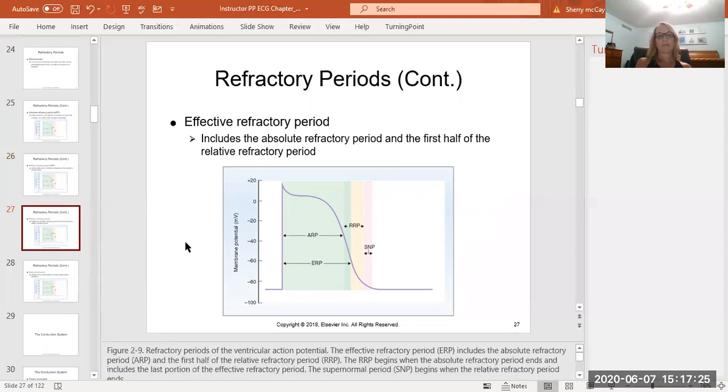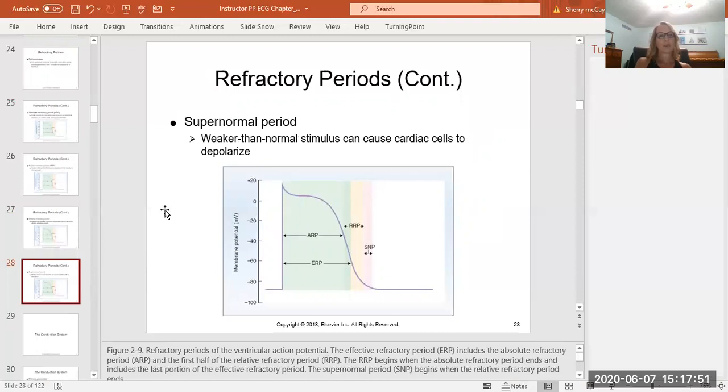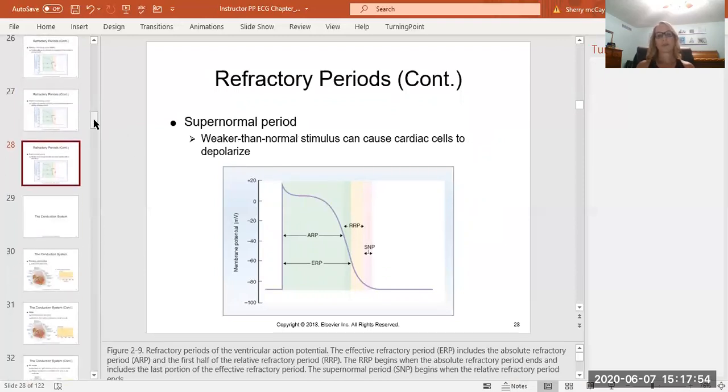The effective refractory period includes the absolute refractory period and the first half of the relative refractory period. In the supernormal period, weaker than normal stimulus can cause cardiac cells to depolarize, okay?